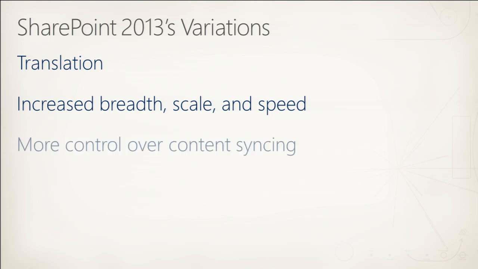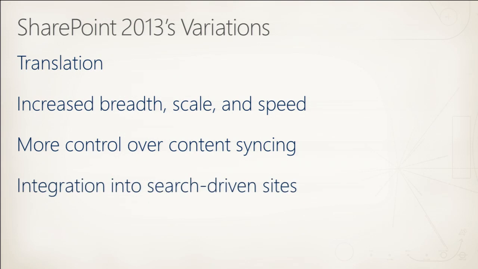We've also updated the way you can sync content between source and target. So you can now designate different syncing options on a target-by-target basis. And then we also have a great story around integrating with search-driven publishing, the cross-site publishing feature, a lot of these things that you've heard about through a variety of other sessions throughout this conference. At the end, we'll talk about how we fit into the larger picture of search-driven sites.